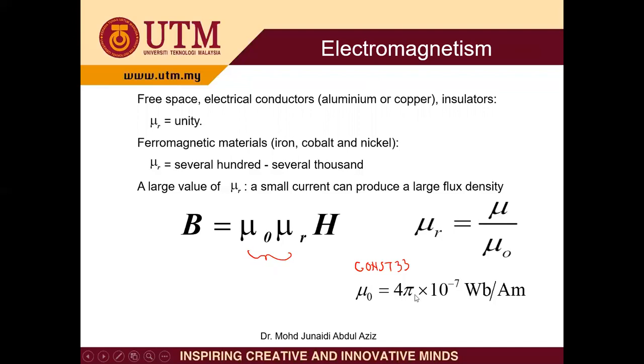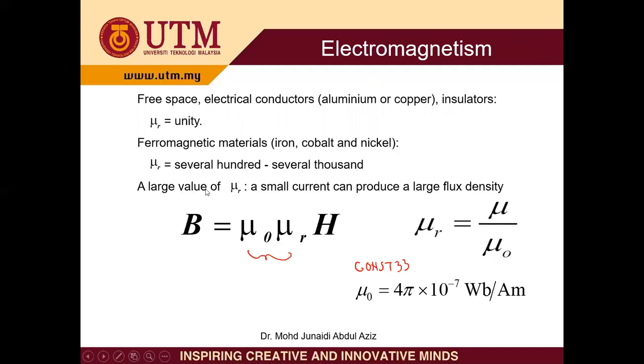The mu O, which is the permeability of air, is 4 pi times 10 to the power of -7, and on your calculator you can just type constant 33. Mu R for free space or air is unity, while for other materials that can be magnetized, which are ferromagnetic materials such as iron, cobalt, and nickel, mu R can range from several hundred to several thousand.